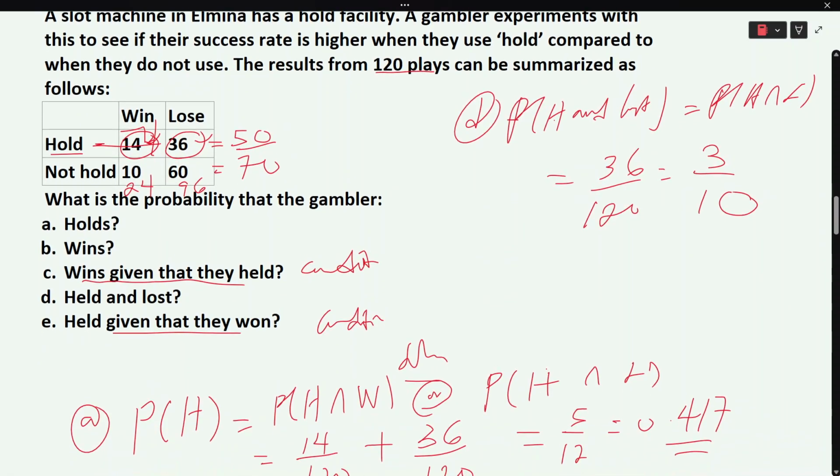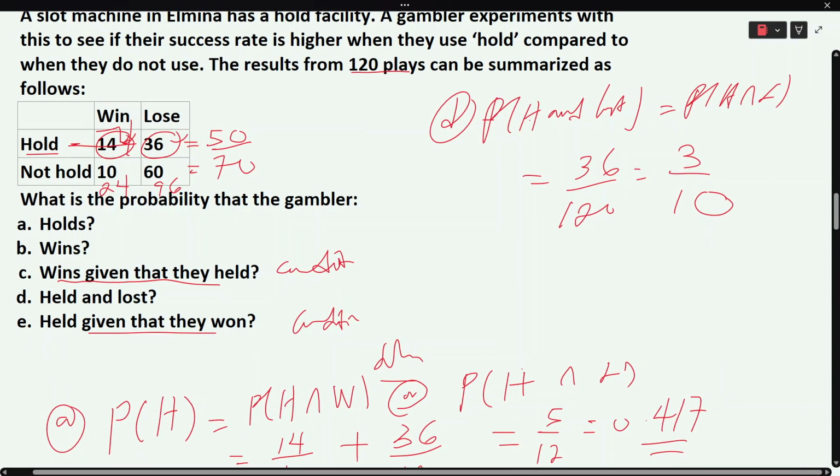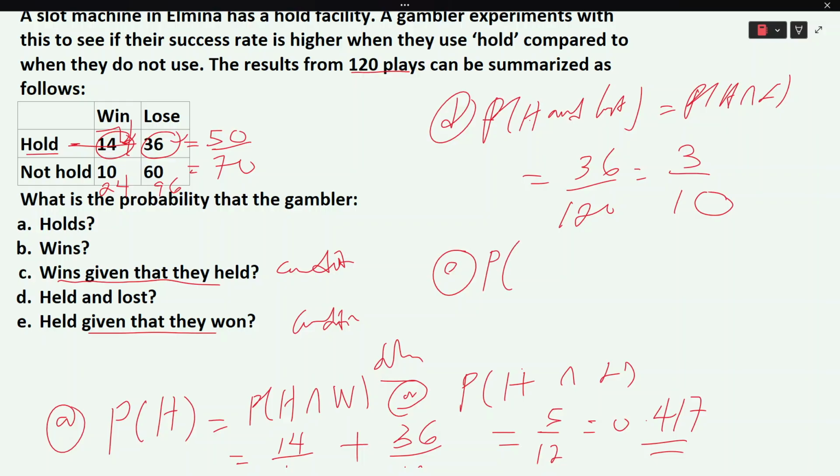Now, the last one, held given that they won. You have to find the probability that they held, given that they won. Probability of held and won divided by the probability of won.